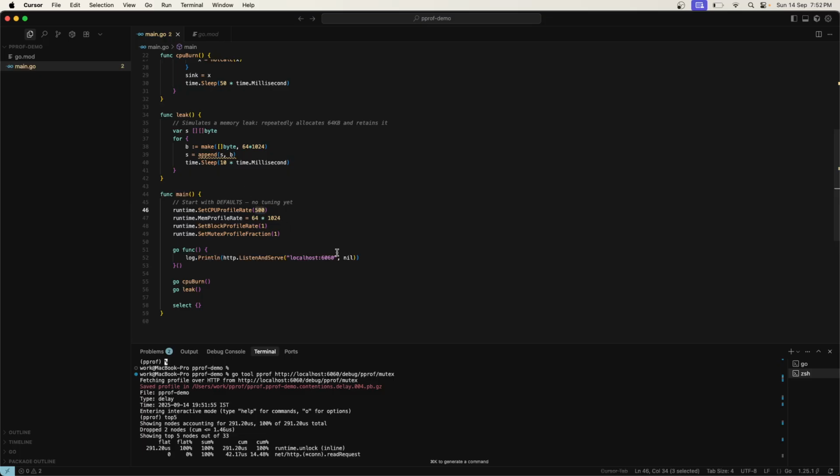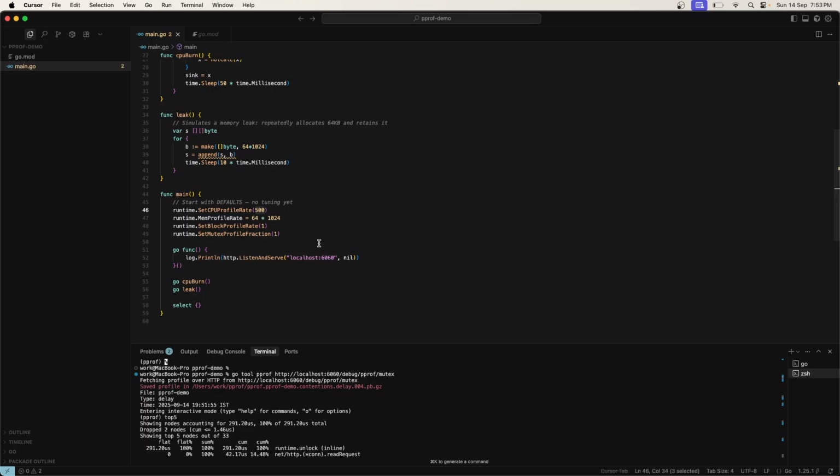Default is powerful, but there are certain cases in production which require us to tune pprof, so that we can capture the small leaks and these small bursts that can sometimes be invisible when we are using the default pprof itself. When we are tuning pprof, we are increasing the sample rate, lowering the memory threshold, and also enabling the block and the mutex profiling, which is making our leaks and hotspots more obvious.